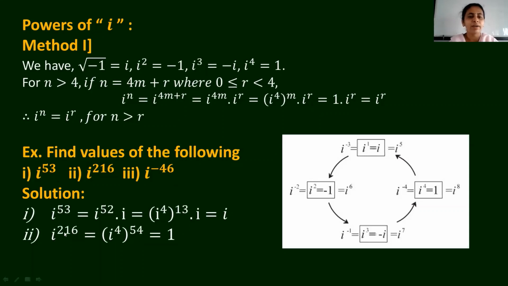Next example, i raised to 216 is equal to (i raised to 4) raised to 54, which is equal to 1, because i raised to 4 is equal to 1. Then next example, i raised to -46 is equal to (i raised to 4) raised to -11 into i raised to -2, meaning i raised to -44 into i raised to -2, and i raised to 4 is equal to 1. 1 raised to -11 is again 1, and i raised to -2 is equal to -1. So the answer is -1.